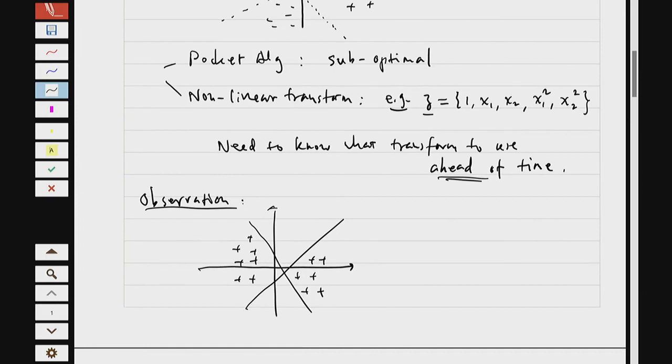Or we can say this can be this or can be that. So after all, they are just logical statements. We can express regions of space using logical functions.